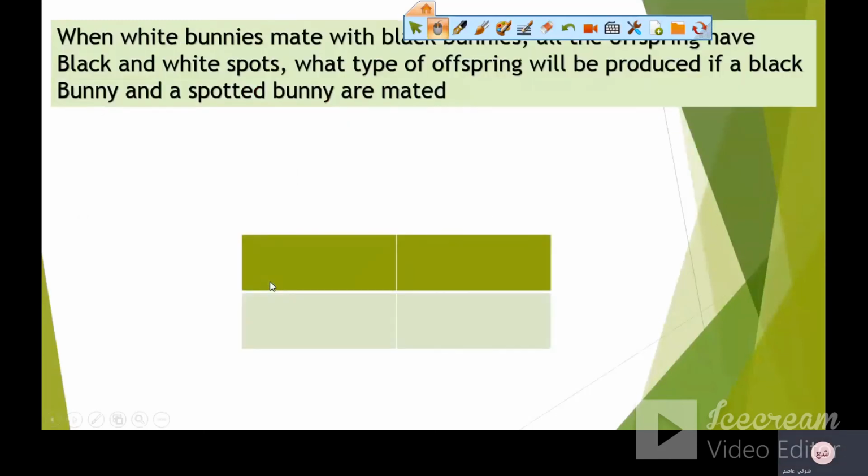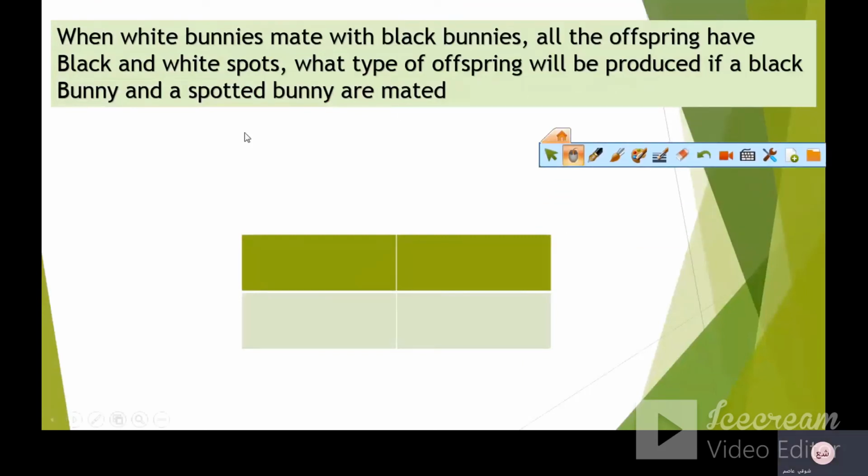Let's see an example. When white bunnies mate with black bunnies, all of the offspring have black and white spots. What type of offspring will be produced if a black bunny and a spotted one are mated?